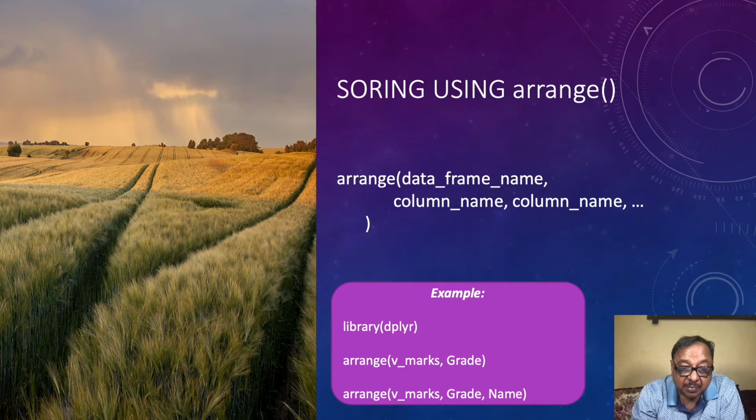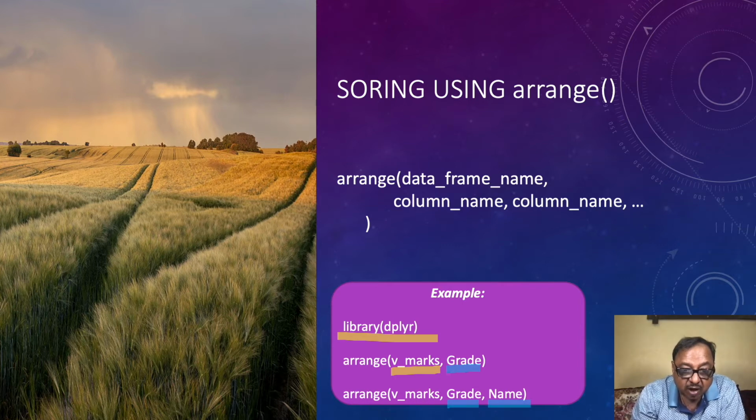So you can see the example. We will have to invoke the library dplyr. After the library dplyr is invoked, we can sort according to one column, that is the data frame v_marks can be sorted by one column called grade. So in this case, the sorting will be based on just one column. Or we see another example where I can sort by two columns. I can say grade and name.